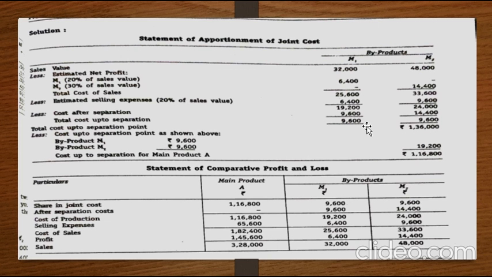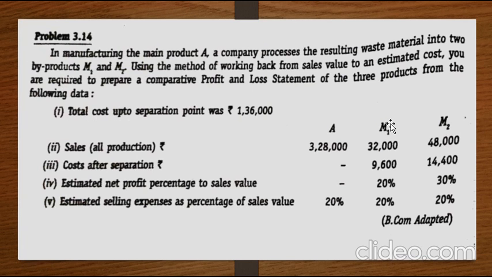So now M1's estimated cost and M2's cost are 9,600 and 9,600. So both the costs are 9,600. So what is the total cost? 9,600 plus 9,600, which is 19,200. So as per the question, the total cost up to separation for A, M1 and M2 is 1,36,000. So this 1,36,000 is your total cost.